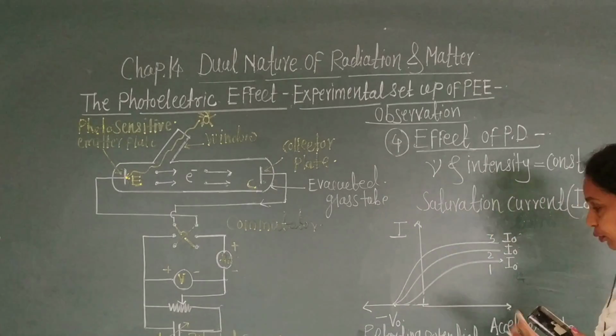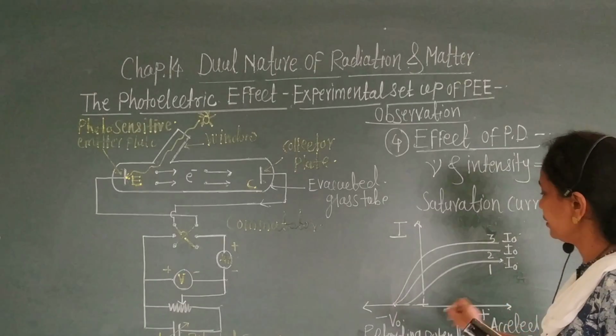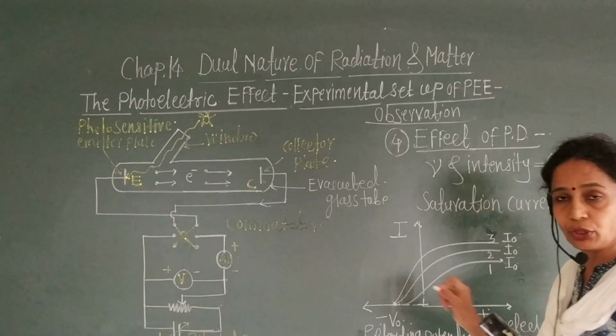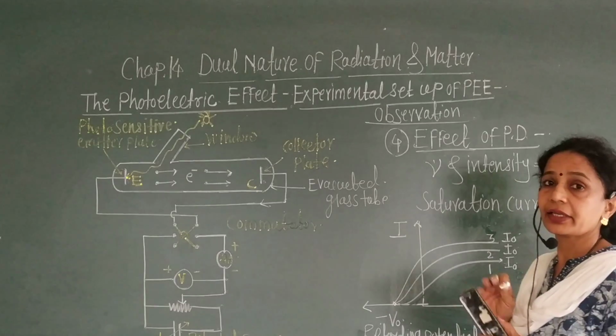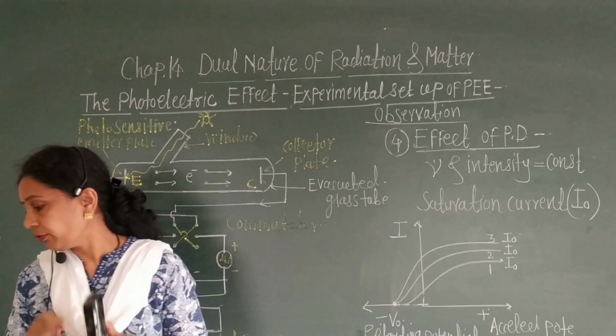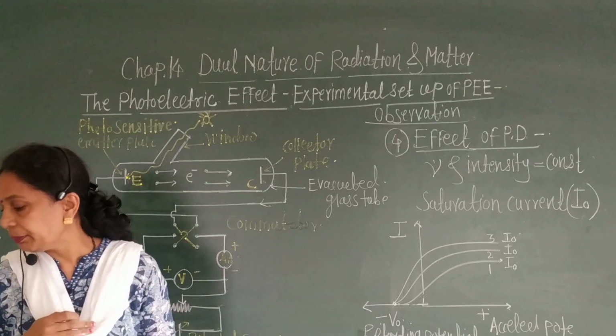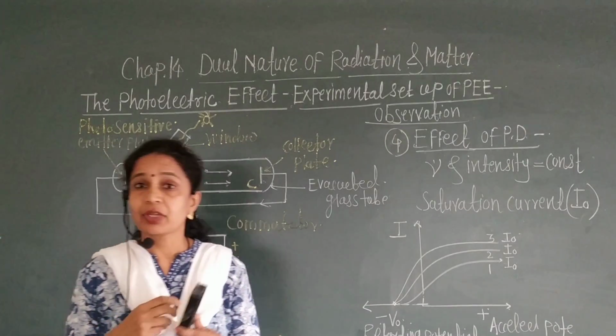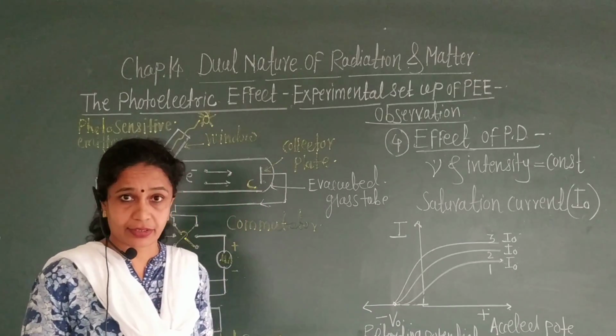This is the accelerating potential plus, and this is minus V0, the retarding potential. This is the effect of PD.